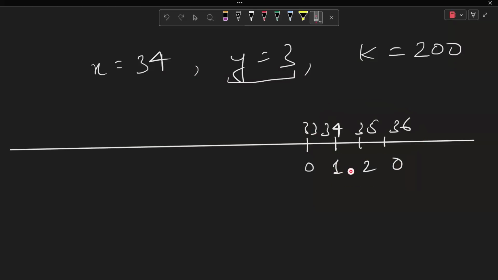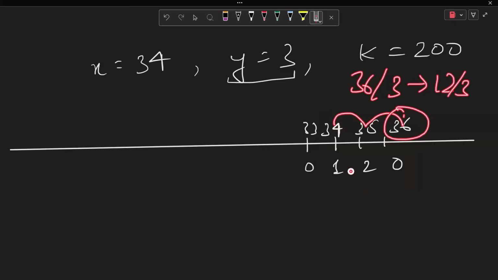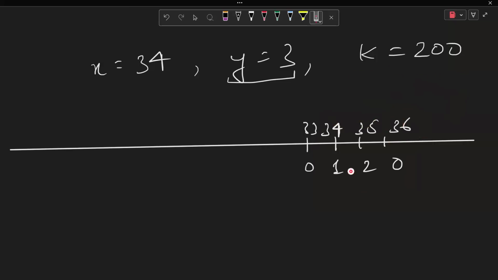Now what you can do is move to the end of the group in 2 steps, and then from 36 you would divide by 3 and reach 12, divide by 3 and reach 4. So in one step, if I am at 34, using 2 operations I can reach the end, so I would reduce k by 2 from 200.